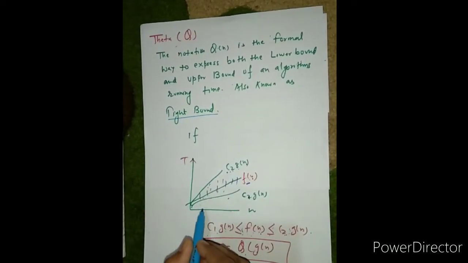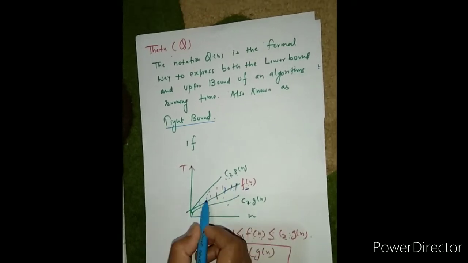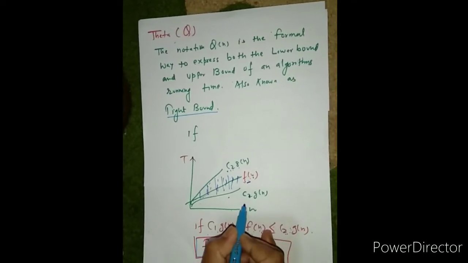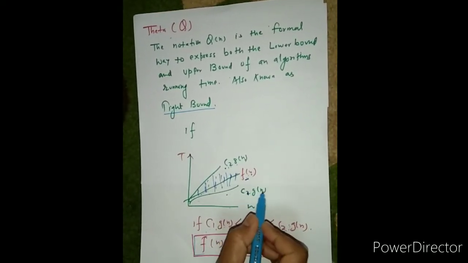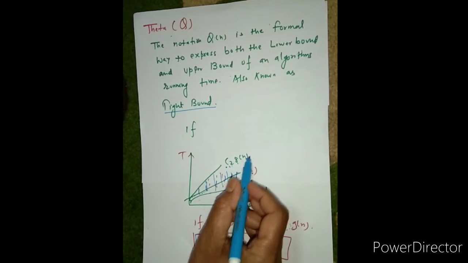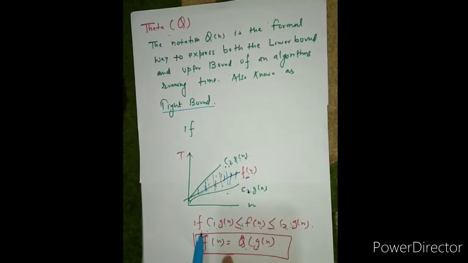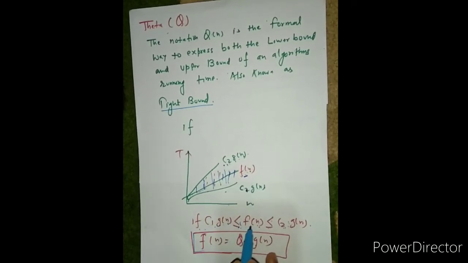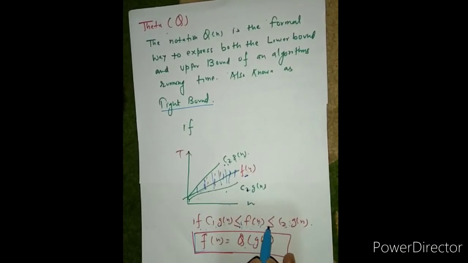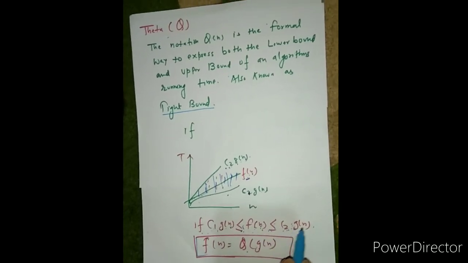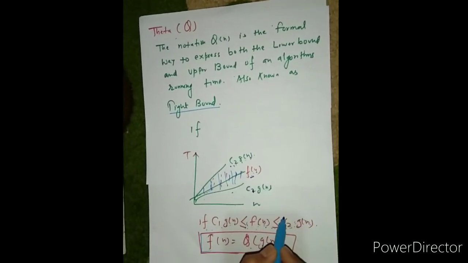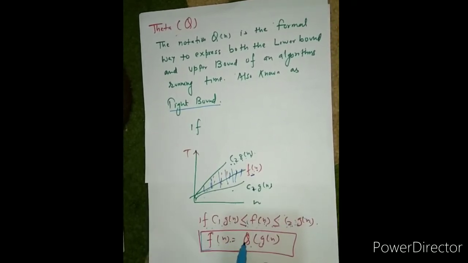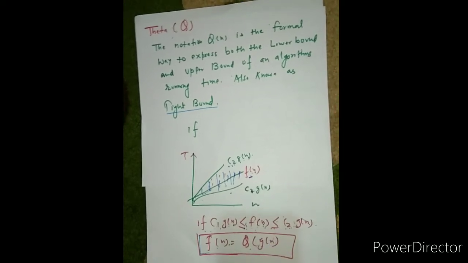Graphically, f of n is in the average of c1 dot g of n and c2 dot g of n. So if c1 dot g of n is less than or equal to f of n and less than or equal to c2 dot g of n, then f of n equal to theta of g of n.